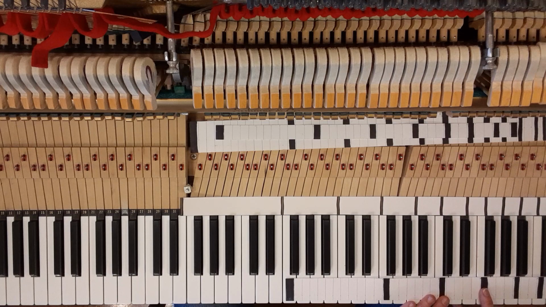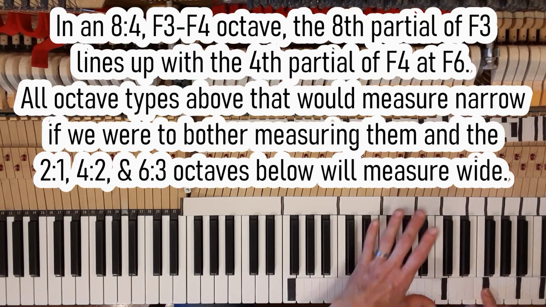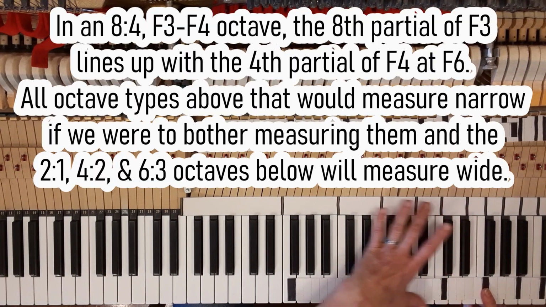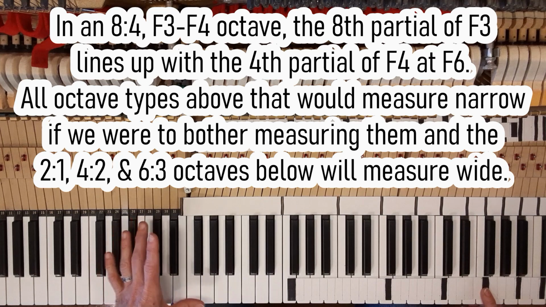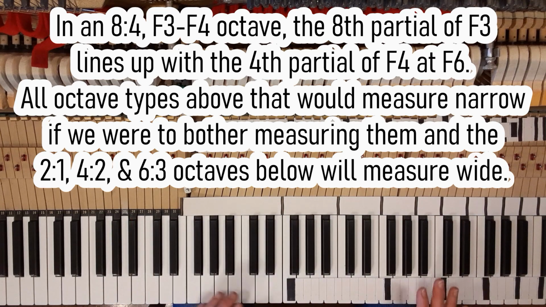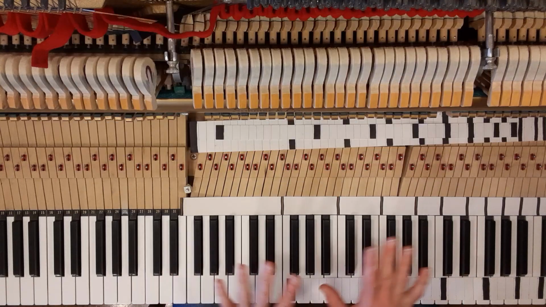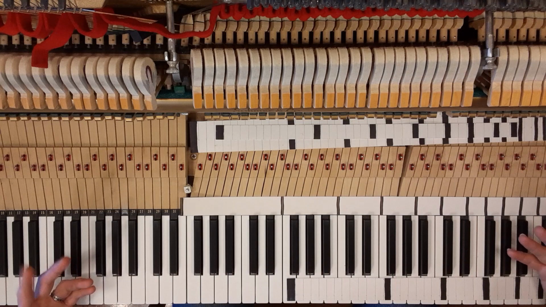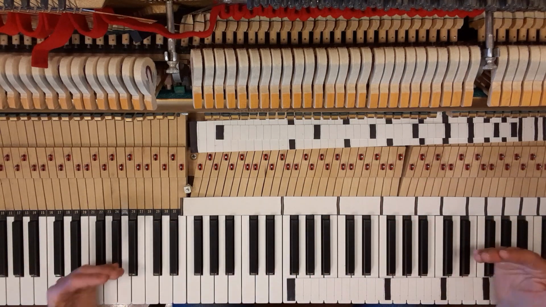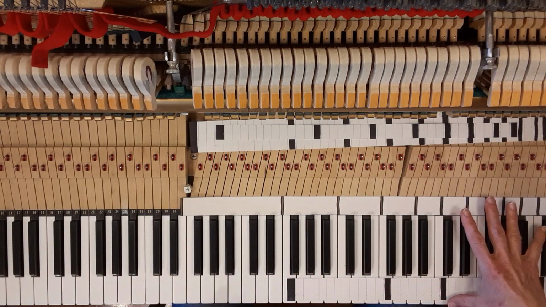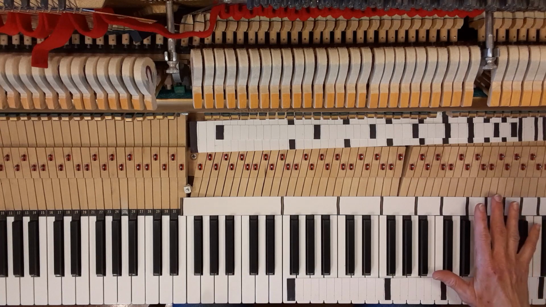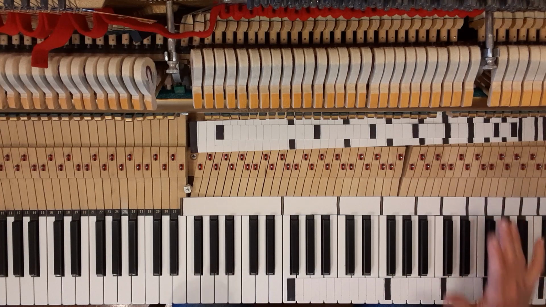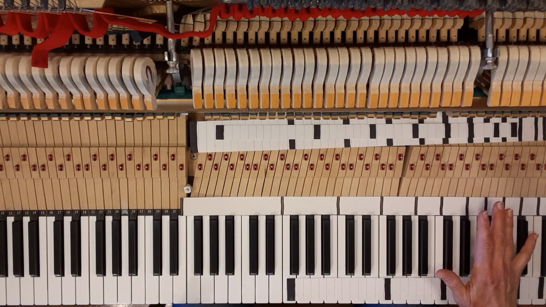If I actually were to tune an 8-4 octave, I am now wide at every other measure of that octave except above 8-4. So this is why we stretch. We don't stretch the octave out of tune. We stretch the octave into tune with its partials. How to know which partial to choose is another video that'll be coming soon.